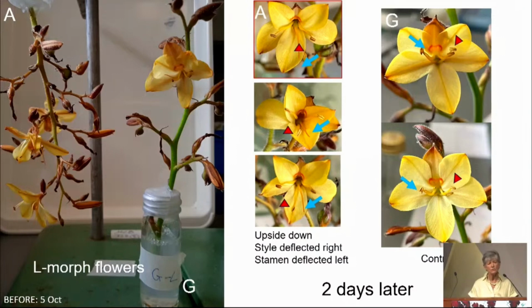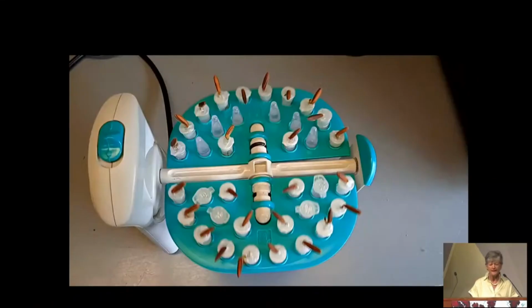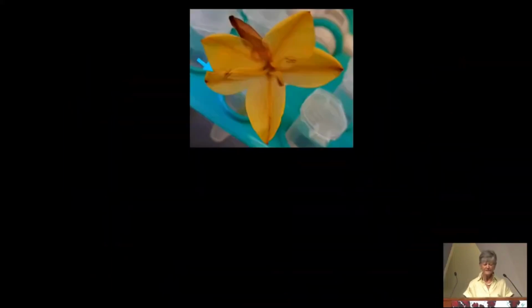So the next thing we thought about was, what happens if we rotate the flowers? If we put them upside down, they go in the one direction. So if we keep rotating them, you might predict that the style would then go straight because the gravitational field is changing all the time. So we took our buds and put them into Eppendorf tubes with our MS agar, and we put them onto this little whirly mixer, and they went round and round.